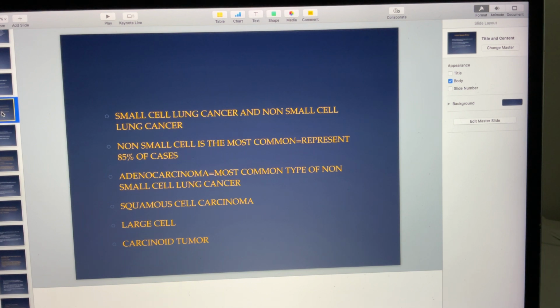And adenocarcinoma, it's the most common type of non-small cell lung cancer. So in terms of non-small cell lung cancer, again, you have adenocarcinoma, you have squamous cell carcinoma, you have large cell, and you have carcinoid tumor.